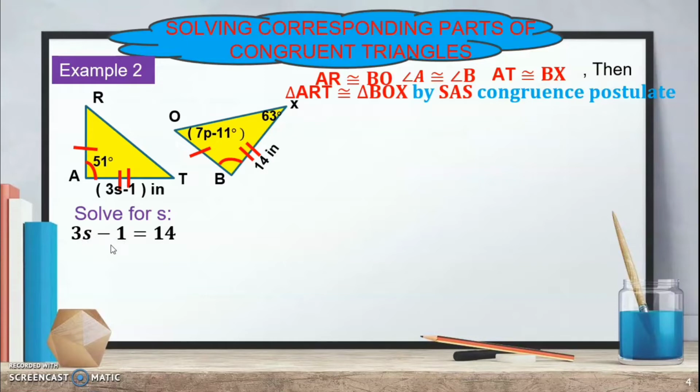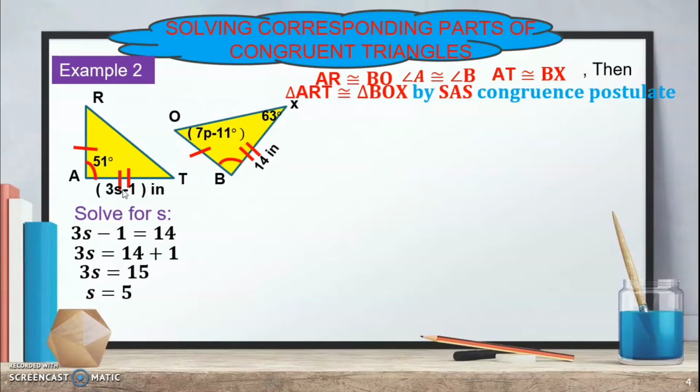So 3S on the left side, then on the right side, the numbers. 3S is equal to 14 plus 1, so 3S is equal to 15. By division property of equality, divide by 3 both sides. So S is equal to 5.